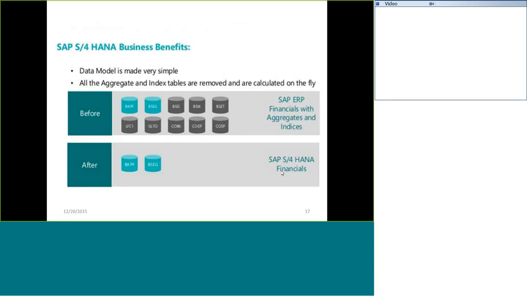From the ERP financials point of view, we maintain the tables BKPF, BSEG, BSIS, BSIK, BSAS, LFC1, GL totals, COBK, COEP, COSP. Now, from the Simple Finance point of view, we are dedicating BKPF and BSEG. These two are the key primary or key master tables in HANA.